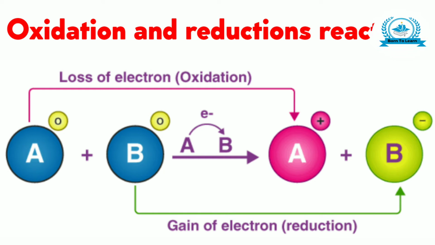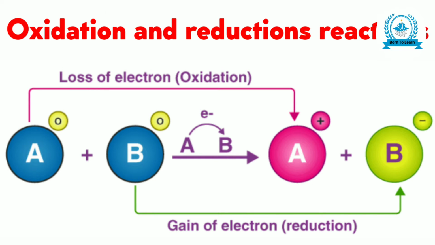The substance which gives hydrogen for reduction is called a reducing agent. 2. The substance which removes oxygen is also called a reducing agent. The oxidation and reduction reactions are also called redox reactions. Now we will see one example of oxidation and reduction reactions.